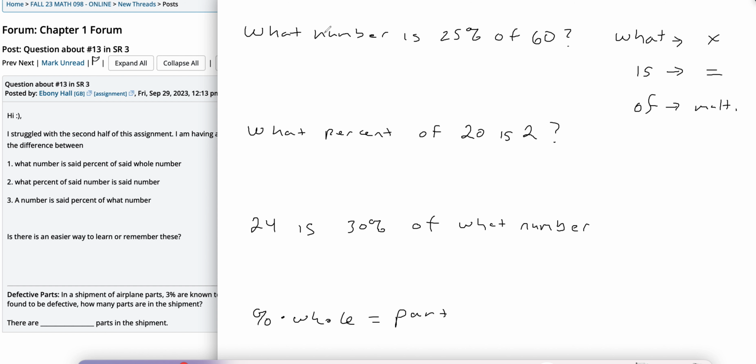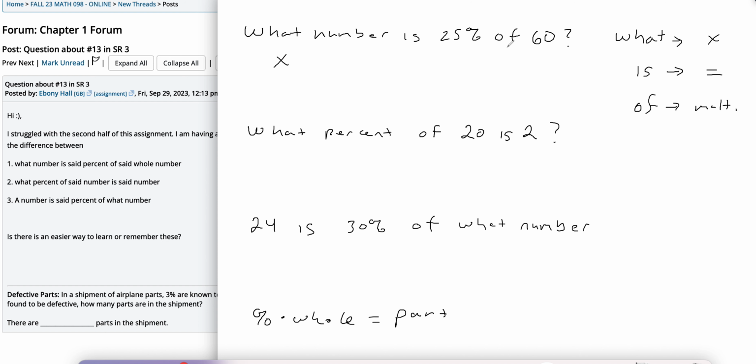So without even thinking too hard about this, let's see if we can use this to break the code on these sentences. And then when I get down here, I'm going to wrap all that up as the same thing. But just to break the code first, so what number, oh, and one other thing I should say is as we're doing percentages, remember all percentages we would change to decimal by moving the decimal place 2 places to the left to actually do math with it. Okay, so with that, what number, okay, what is x?